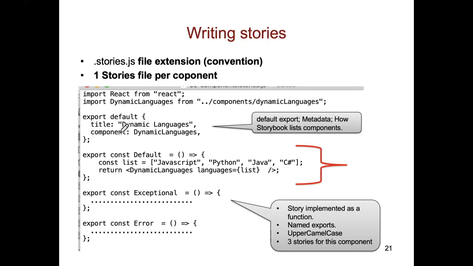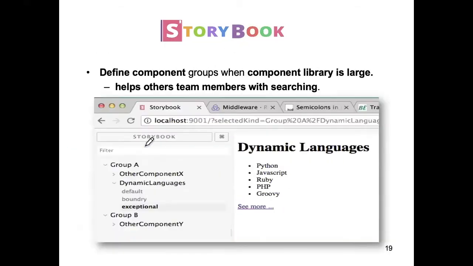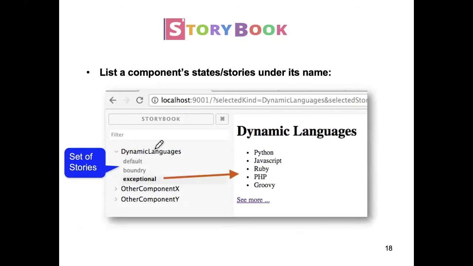The component key has to be assigned the actual component itself. So this here is a reference to what I'm importing up here. So that's telling Storybook, essentially Storybook uses this object to control how it displays its UI. If I just go back for a second, it uses it to control this here.